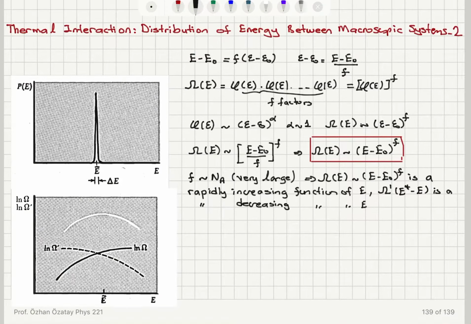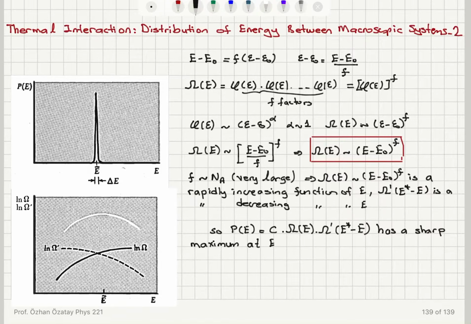One is rapidly increasing, one is rapidly decreasing with E. So the probability of E, which is C times omega of E times omega prime of E star minus E, has a sharp maximum, because I have a rapidly increasing function multiplied by a rapidly decreasing function.